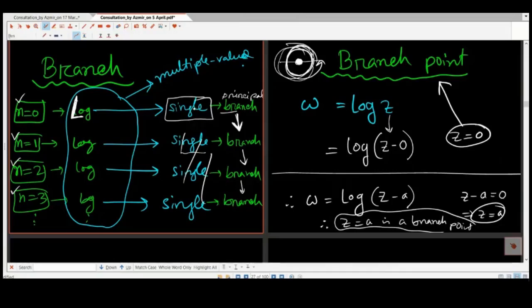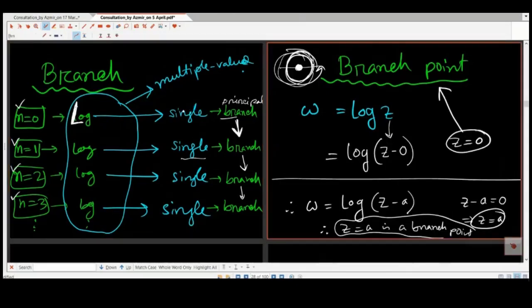So all single valued functions are analytic, but since multiple valued functions have different branches, for every rotation we are getting different branches. That means we are getting again multiple valued, but this time we have to make a restriction so that from this branch we don't go anywhere.